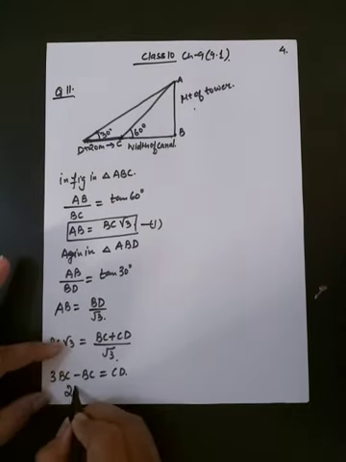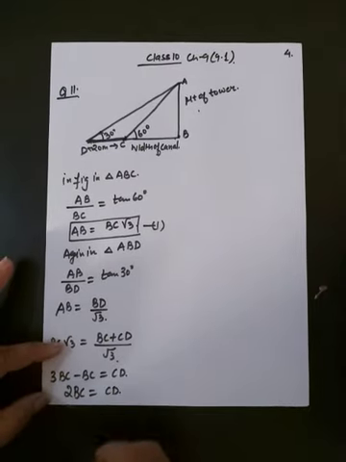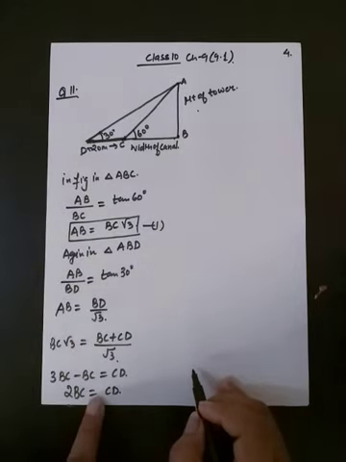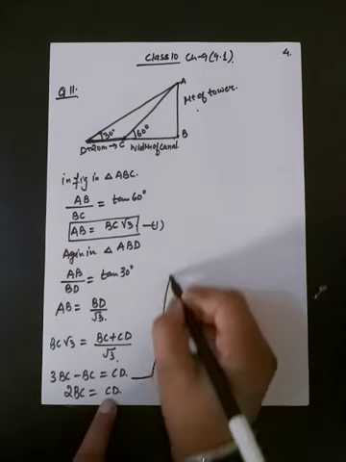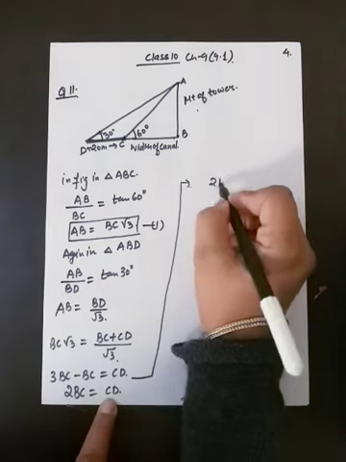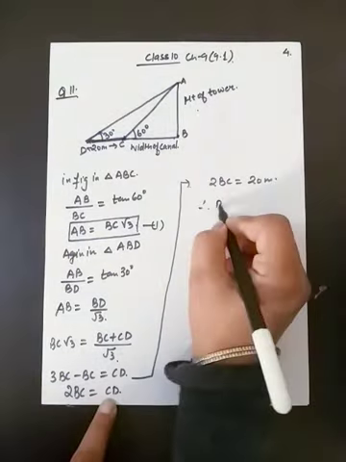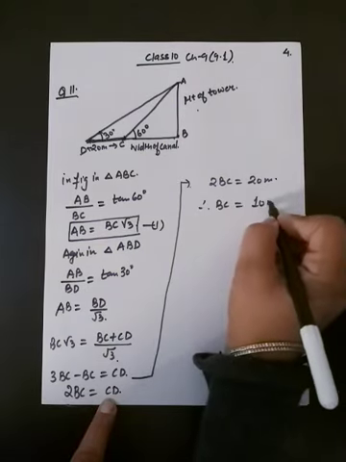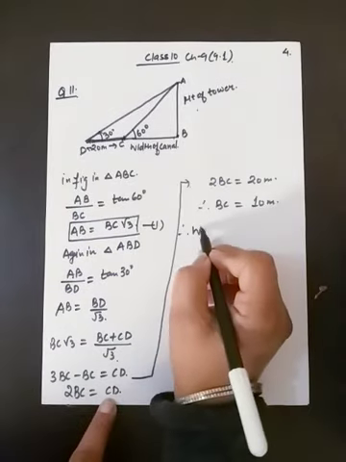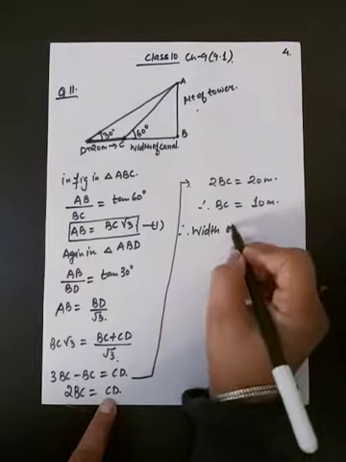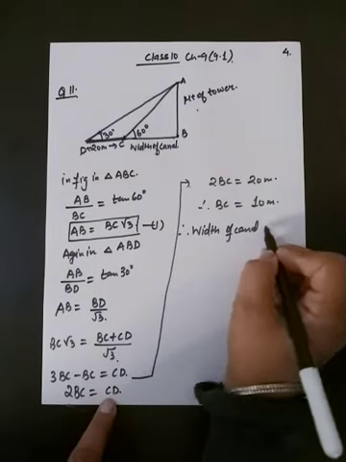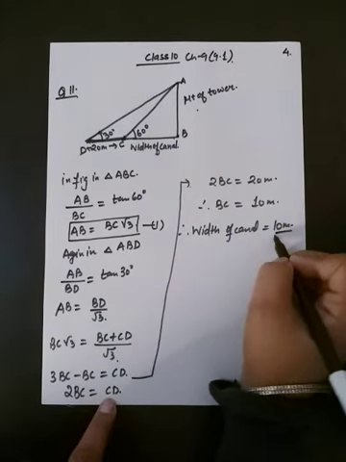So we will get 2BC is equal to CD, and CD is given to us, CD is 20 meter. So therefore BC will be 10 meter, meaning the width of the canal is equal to 10 meter.